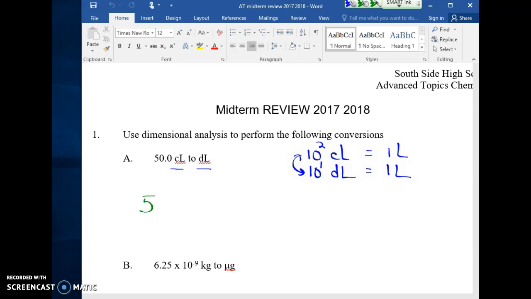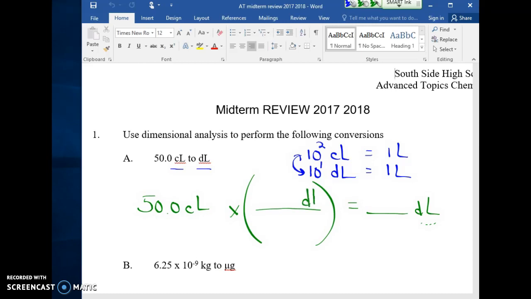So I'm going to write down what I'm given, 50 centiliters, and my destination is finding out how many deciliters we have. Now remember, whatever you're going to goes on top. So I'm going to deciliters, that goes on top. I have the relative value of deciliters, the value relative to the same quantity of centiliters. I've stated this already.